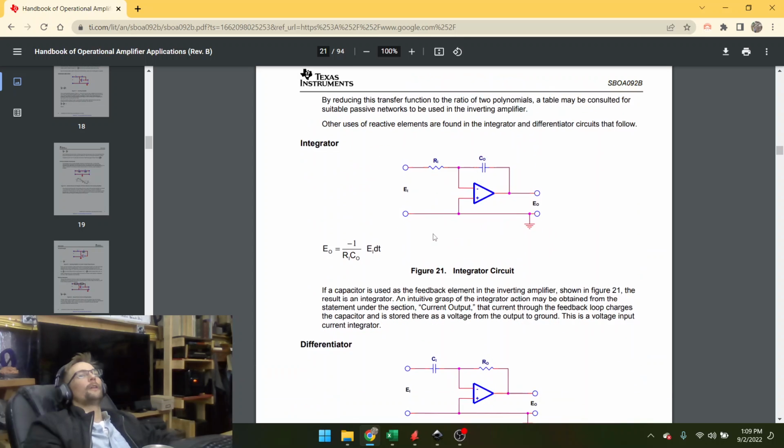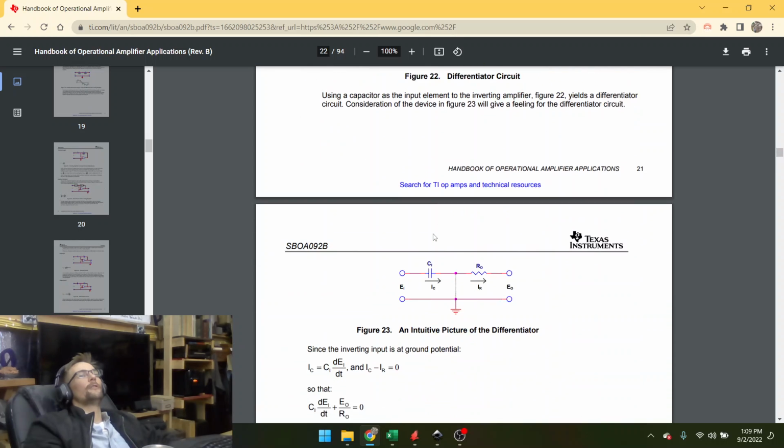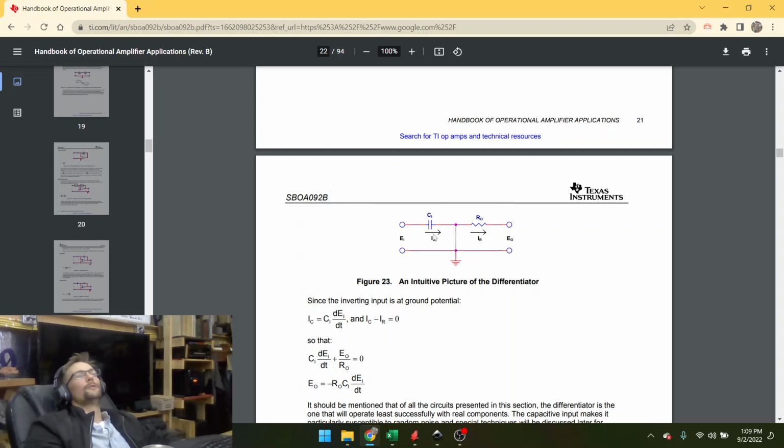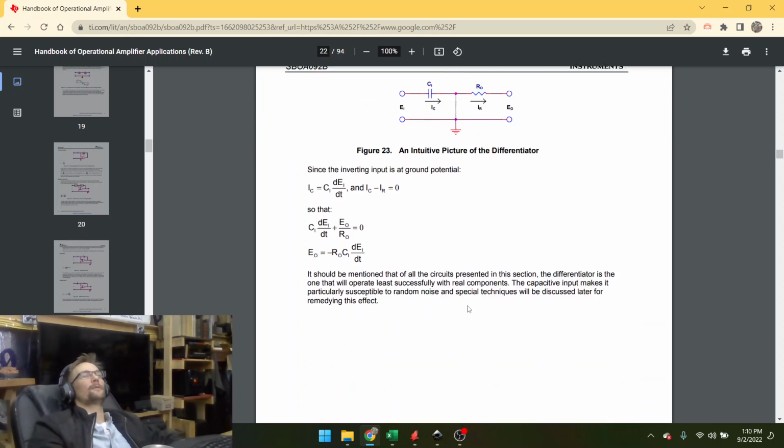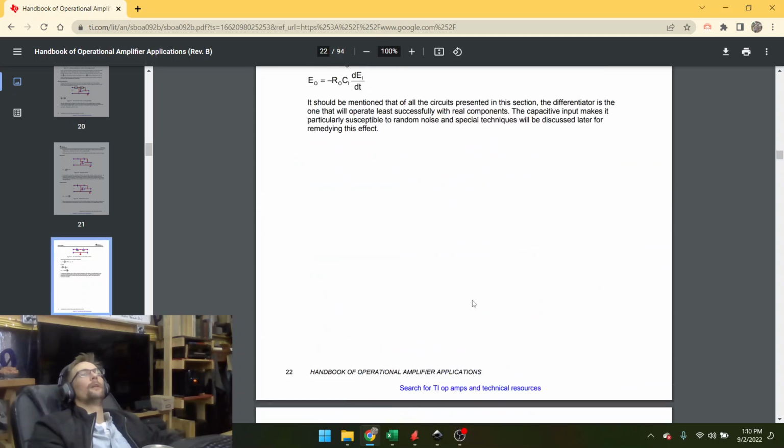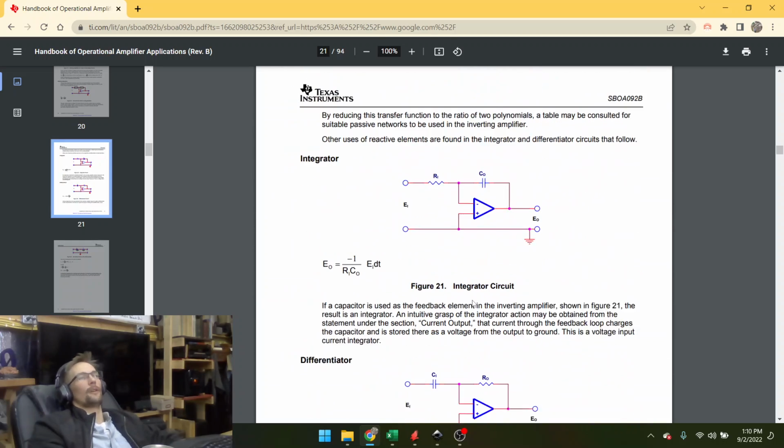Yeah, integrator, differentiator, intuitive picture of the differentiator. Wow, I like this, the intuitive picture. I wonder if that goes all the way back to the 60s. I wonder if that is what it's largely based on.